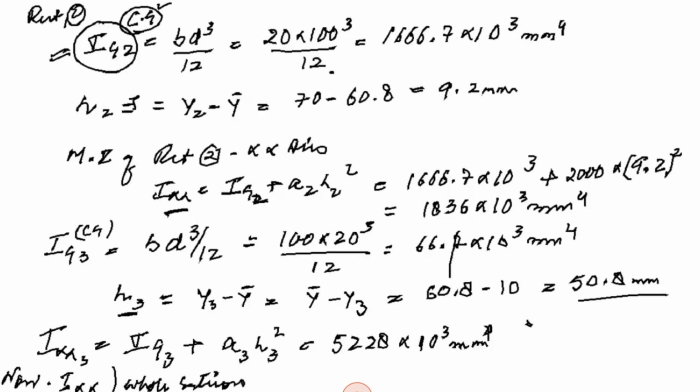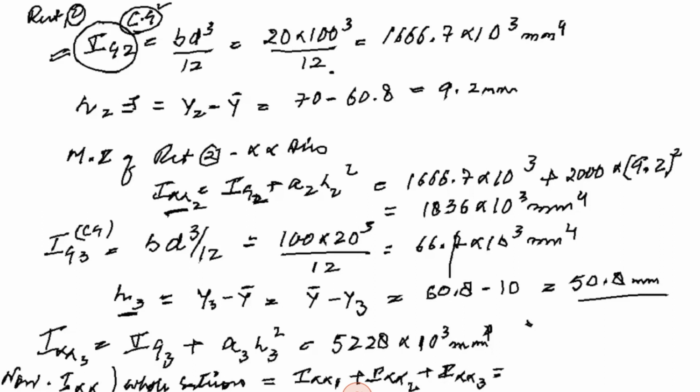Let's say this is Ixx3, this was Ixx2, and the previous one was Ixx1. So Ixx1 plus Ixx2 plus Ixx3 is the summation of all the moments of inertia of the rectangular sections about the x-axis.